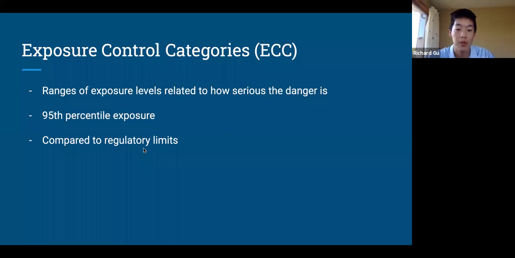Essentially, these categories are directly correlated to the ratio between the actual concentration of the contaminant and the regulatory limit. So for example, if we have a 1-to-1 ratio between the contaminant concentration and the limit, that's going to be a category 3 exposure.